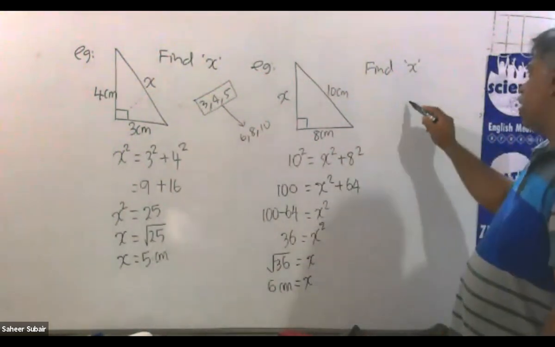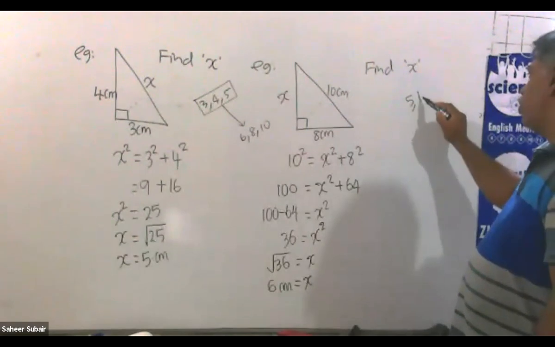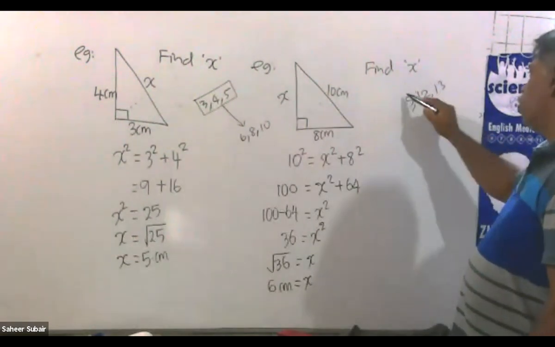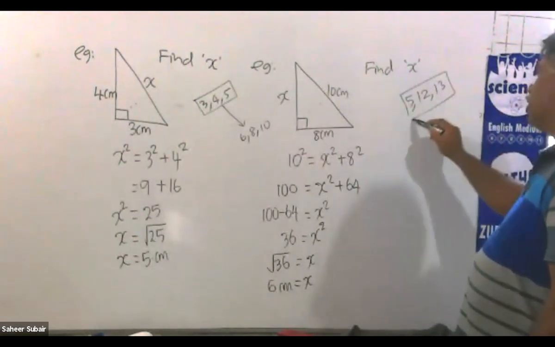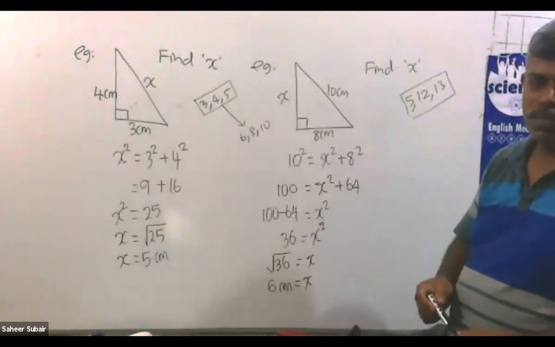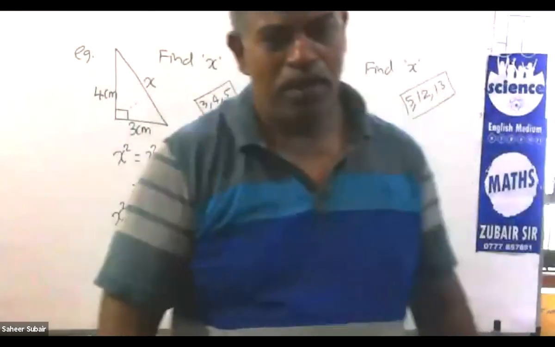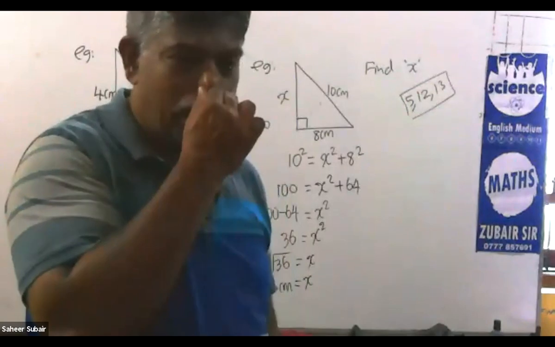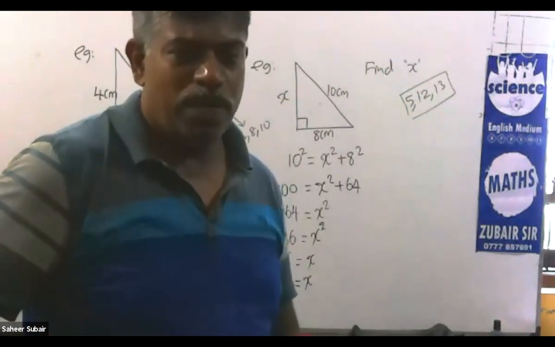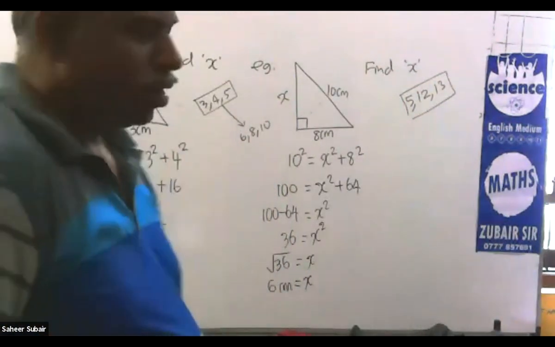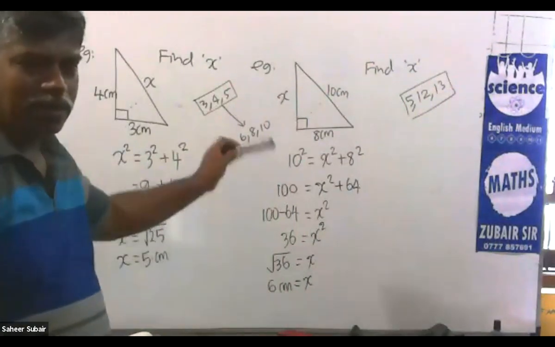Then another set is 5, 12, 13 or multiples of these numbers. So commonly you get 3, 4, 5 or 5, 12, 13 or the multiples of these numbers. But you have to show the work and find it like this.